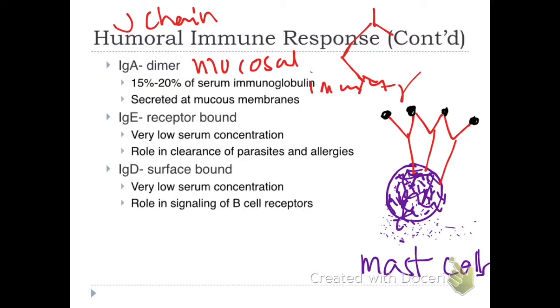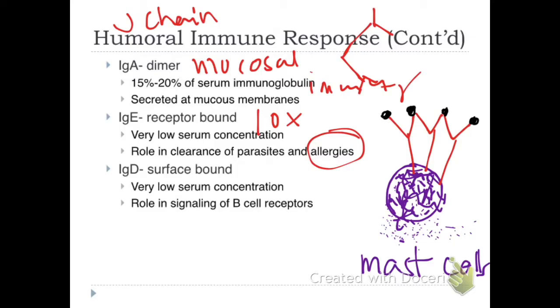The contents of these mast cells are actually mediators of allergic reaction, and the most common of them is histamine. That's the reason why, though IgE has the lowest concentration, it increases up to 10 times in cases of allergic reaction.